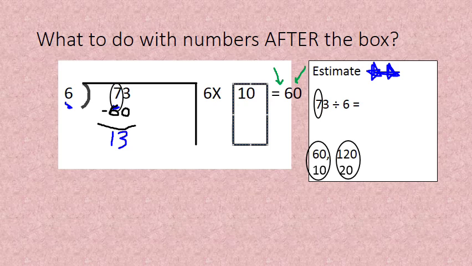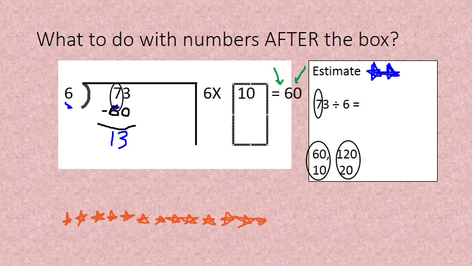Now we're not done yet, because if we had 13 of something, I'm just going to draw 13 stars. 1, 2, 3, 4, 5, 6, 7, 8, 9, 10, 11, 12, 13.